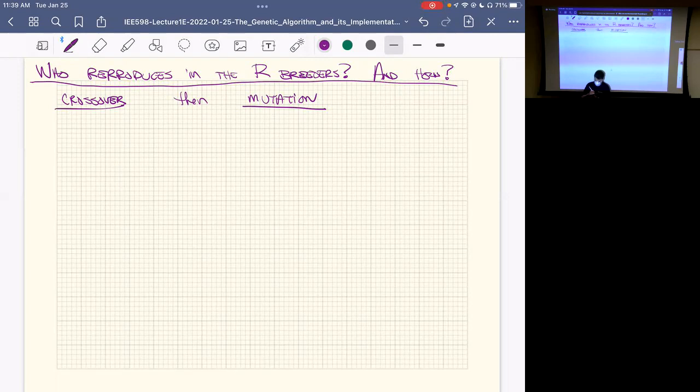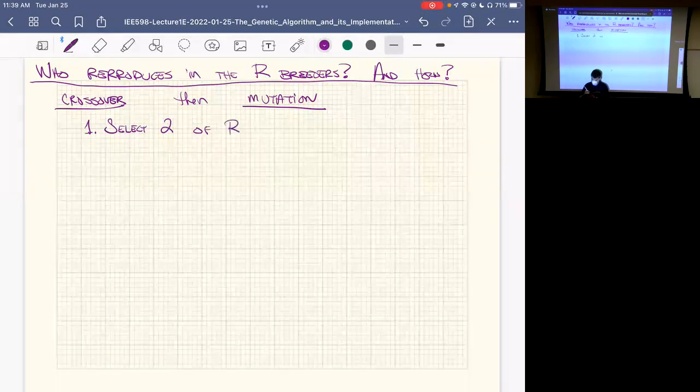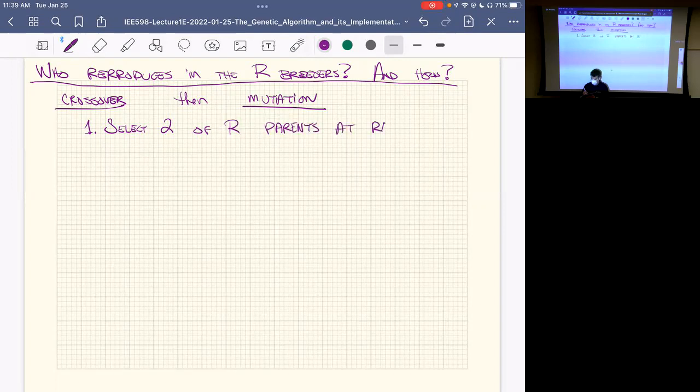Step one, select two of our parents at random, kind of like tournament selection. And then step two, these two parents cross over, and we'll define what that means.